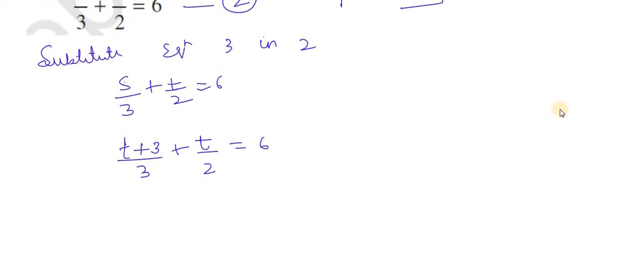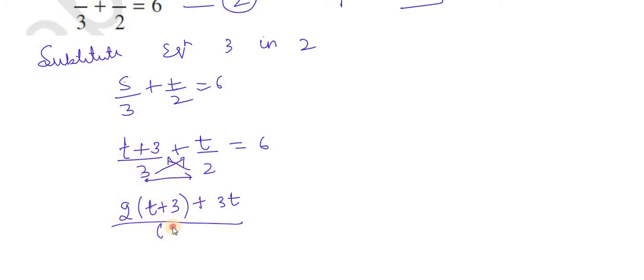Now what we need to do is take the LCM, or we can do the cross multiplication. Which is easy, we can do. So I'll do the cross multiplication. 2 into (t plus 3) plus 3 into t, and 3 into 2 is 6, which is equal to 6.